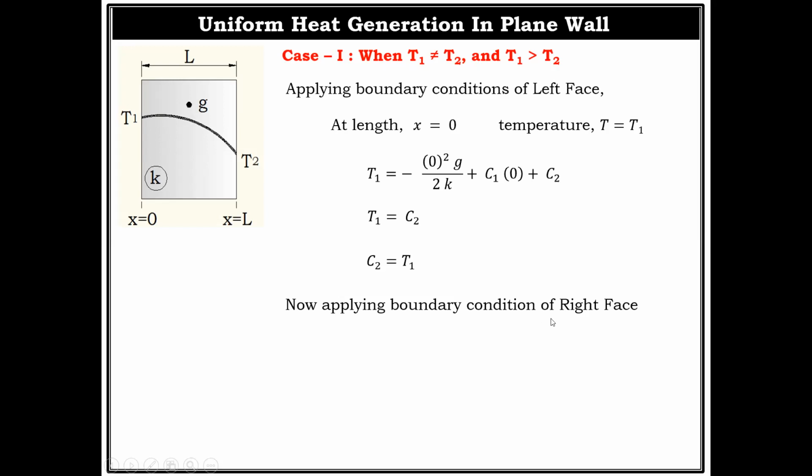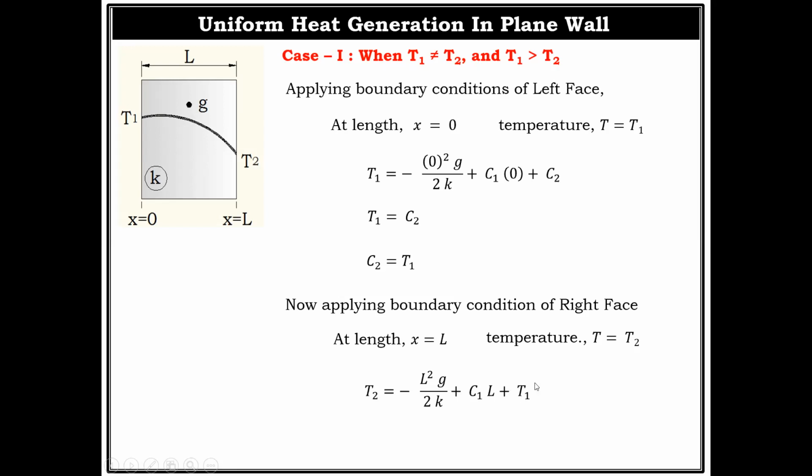Now applying the boundary condition of the right face. At the right face, what is the condition? x equals length L and temperature becomes T2. So now applying this, our equation becomes T2 equals, x becomes L, so minus L square g upon 2k plus C1 L, x becomes L, plus T1. Why T1?